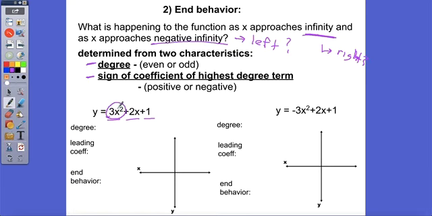So for this particular one, our degree is even. Our leading coefficient, where we're trying to decide if it's positive or negative, the sign is positive.